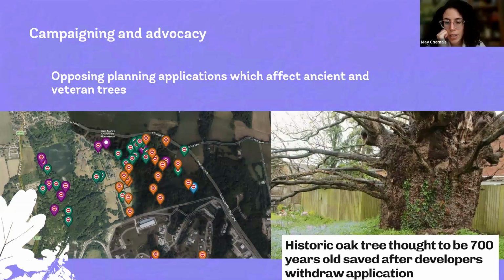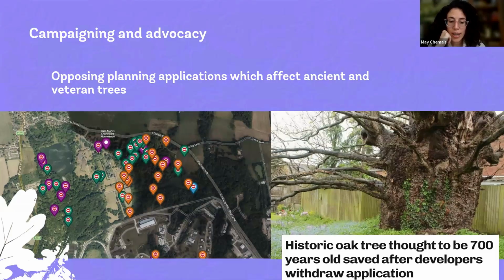And next to that, you see an ancient tree in Reading, which was in someone's back garden. This tree was saved thanks to the campaigning team, because they got a lot of people to call in and complain to the local council in Reading, as the tree was planned to be felled.